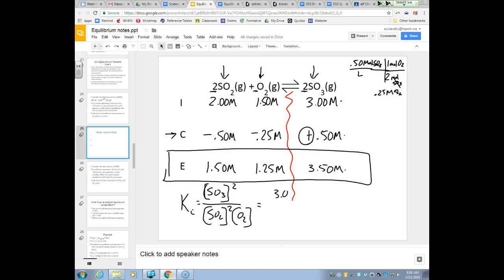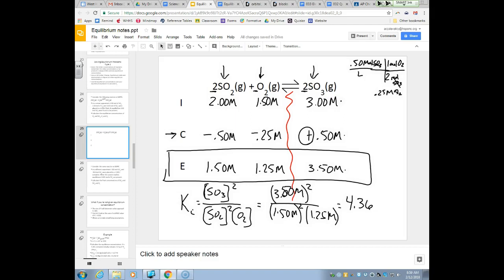That's going to be 3.50 molar squared over 1.50 molar squared times 1.25 molar. And when I plug all of this in, I get a K value of 4.36, and we can just leave that without units.